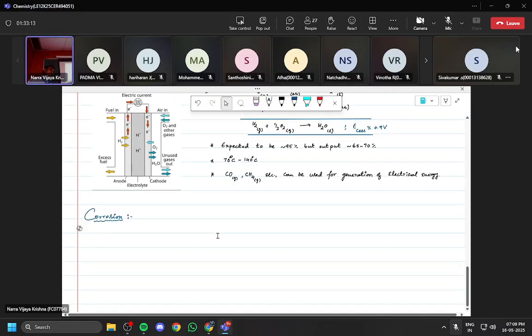Interaction with atmospheric conditions. If a metal gets oxidized, we call that corrosion. So can I call it oxidation or deterioration? Destruction. So deterioration of metal.